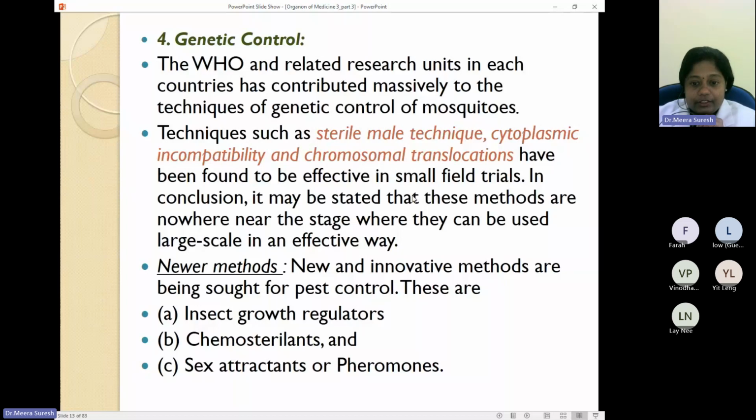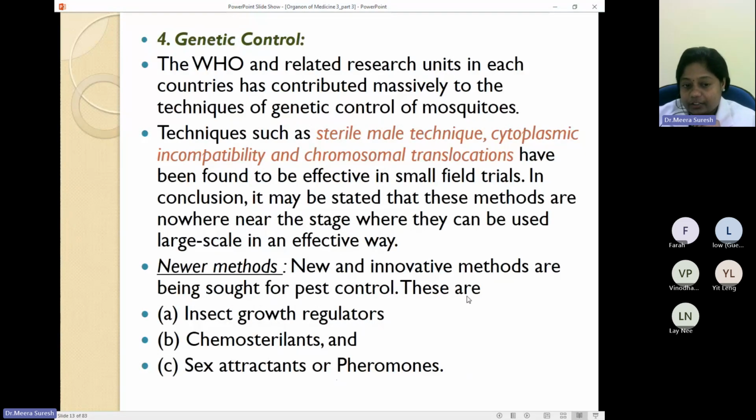So this is genetic engineering, and some newer methods now being used for pest control are insect growth regulators, chemosterilants, sex attractants, or pheromones. From these terms, you will understand it is not actually done genetically.